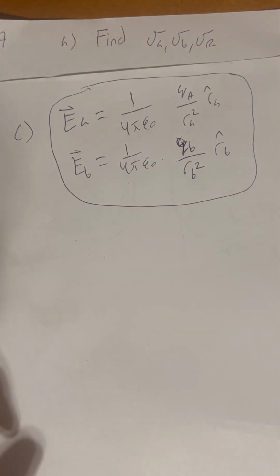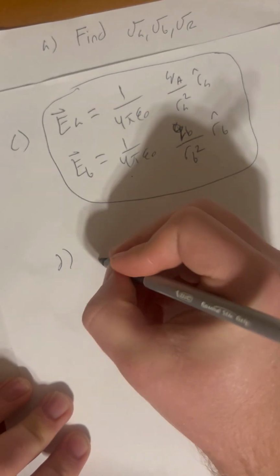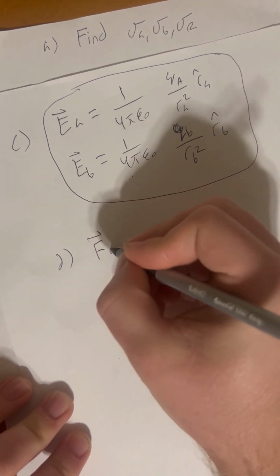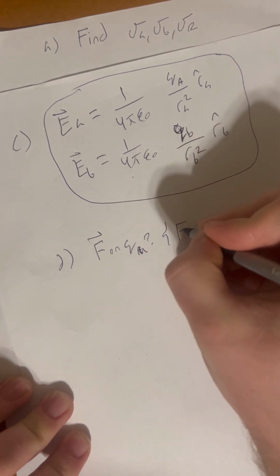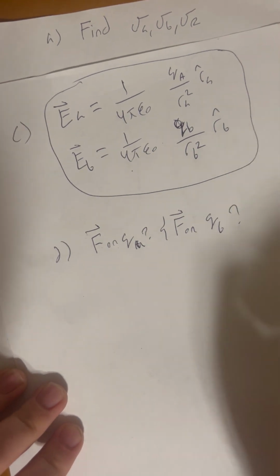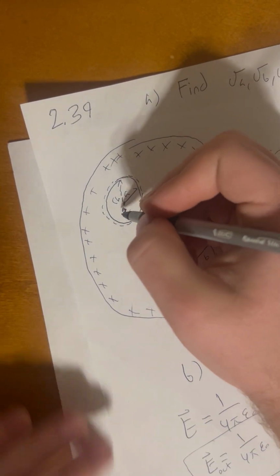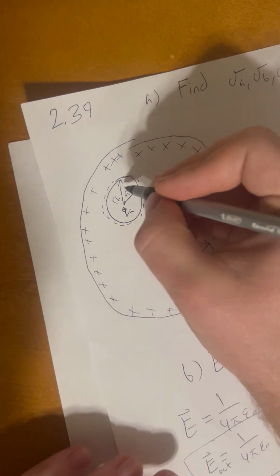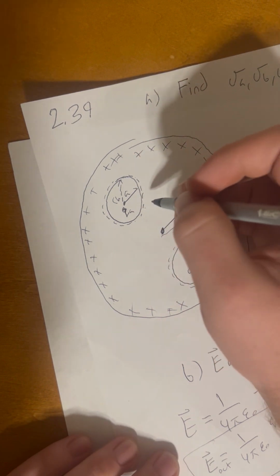All right, and now in part D, we're asked to find the force on QA and the force on QB. Let's go back to our drawing. What would the force on QA be? We have this point charge here, and it has its own surface charge that it induced.